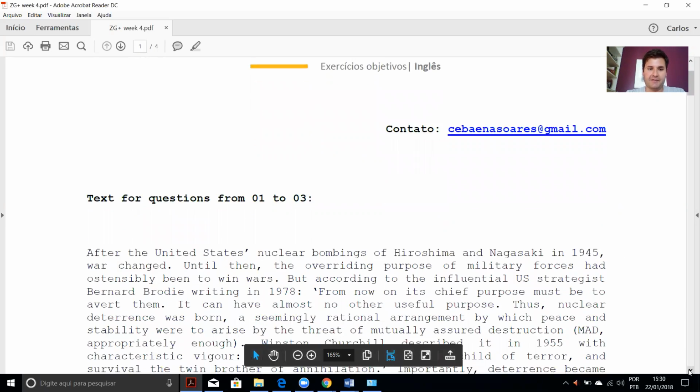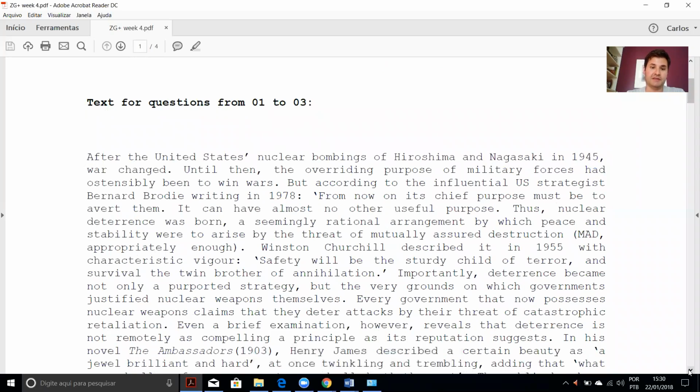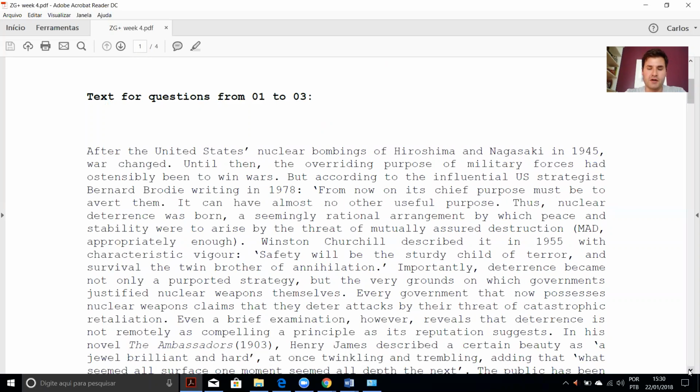This is the text that we have for today. It's a text about nuclear deterrence, more specifically, and I would say it's a different view of what we have on deterrence.